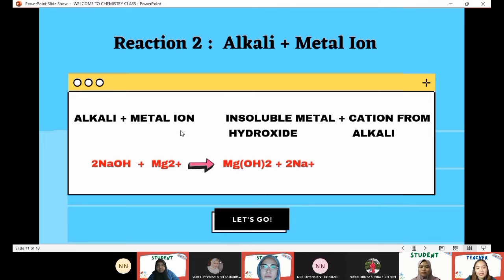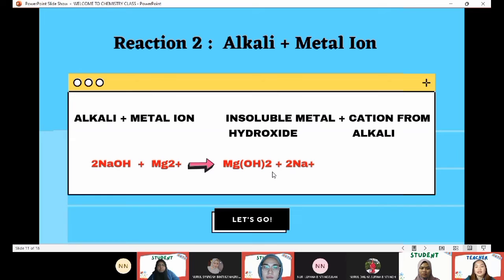Okay, metal ion: you have to put the charge, because if the condition just says reactive metal, you can just put Mg. But since it uses a metal ion, you need to include the charge.